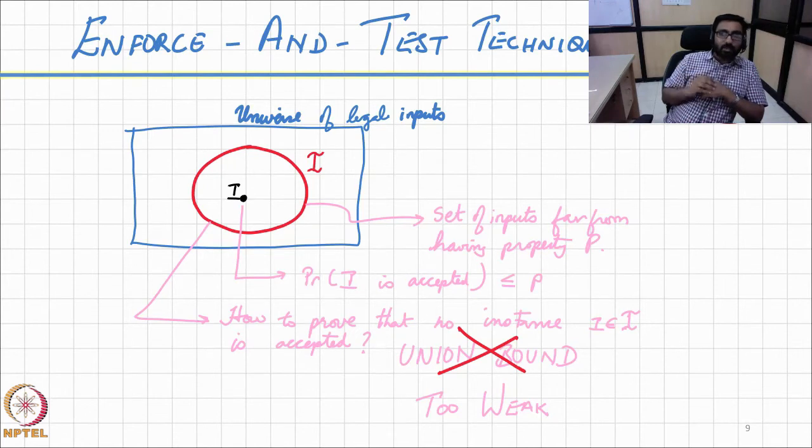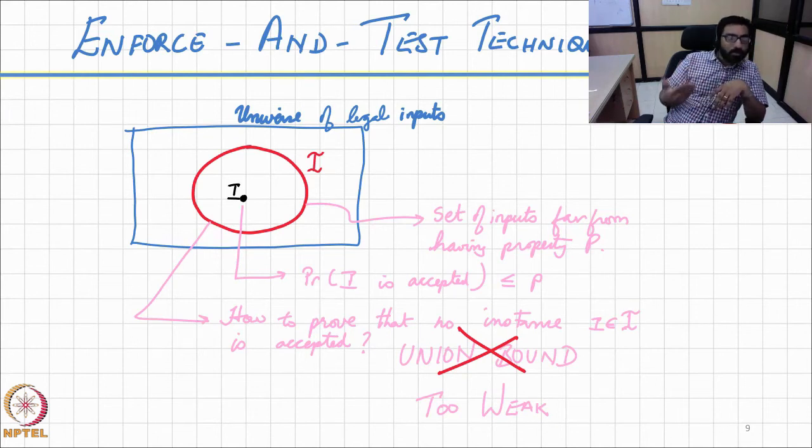But that's too weak, because the set I is going to be quite large. It's typically exponentially large, and so the probability p has to be exponentially small in order for this union bound technique to work. And that's usually not the case. So this approach is too weak.